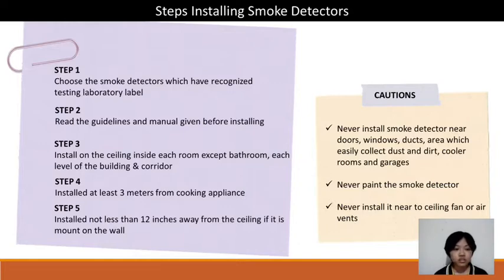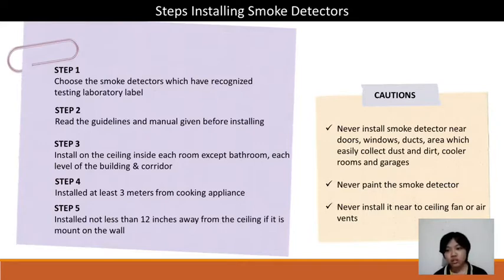Step 4, the detectors shall be installed at least 3 meters from the cooking appliance. And the last step is the smoke detector shall be installed not less than 12 inches away from the ceiling if it is mounted on the wall.